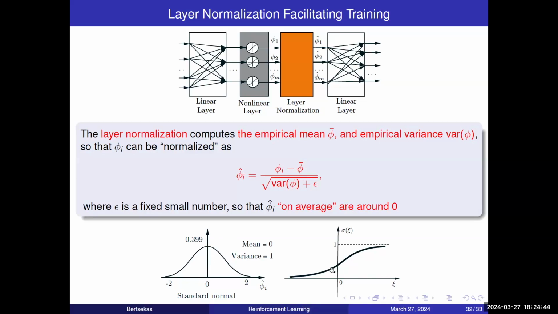If the numbers are far away from 0, then the gradient is going to be around 0 as well. One would like all those numbers to be concentrated around 0 so that a meaningful gradient can be computed.